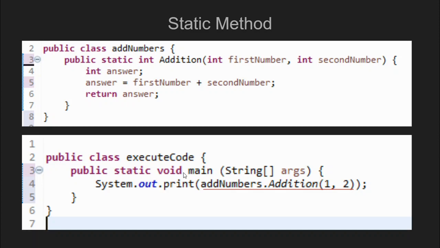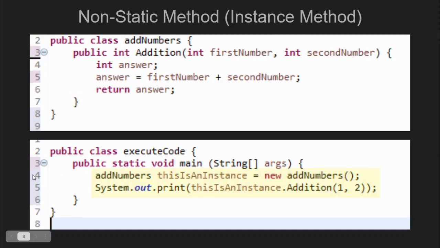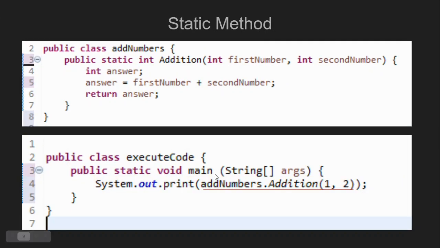Well, in the main method, instead of having that declaration you have in line 4 of an instance, which is a copy, instead of making that copy of the addNumbers class, you can just refer to it itself. Line 4 says, hey, print out the number that you get from adding 1 and 2 from the addNumbers class. You want to refer to the method from the addNumbers class. And because we have that keyword static, we don't have to make that copy of addNumbers. We can just refer to it itself.